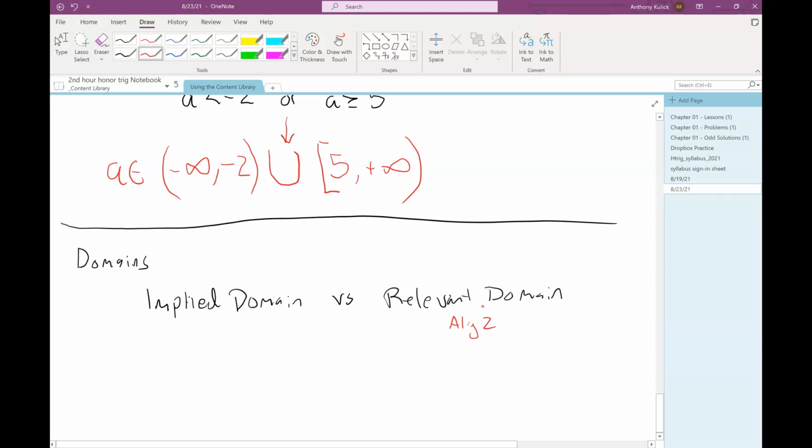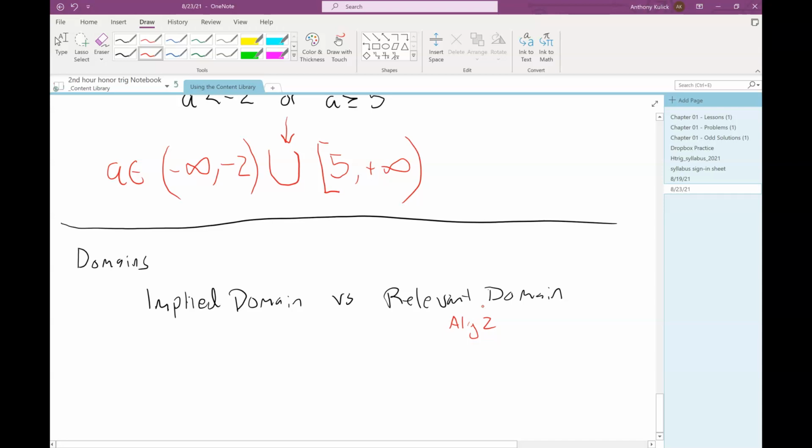A place where the implied domain might come in is saying the function f of x equals x represents the number of people needed to screw in x light bulbs. There, the implied domain is going to be the natural numbers, right? So positive whole numbers, because you can't have half of a person or negative a person.